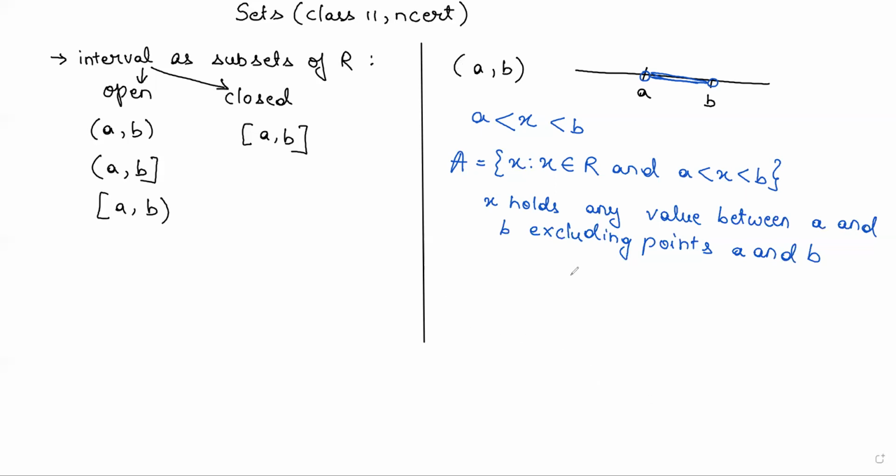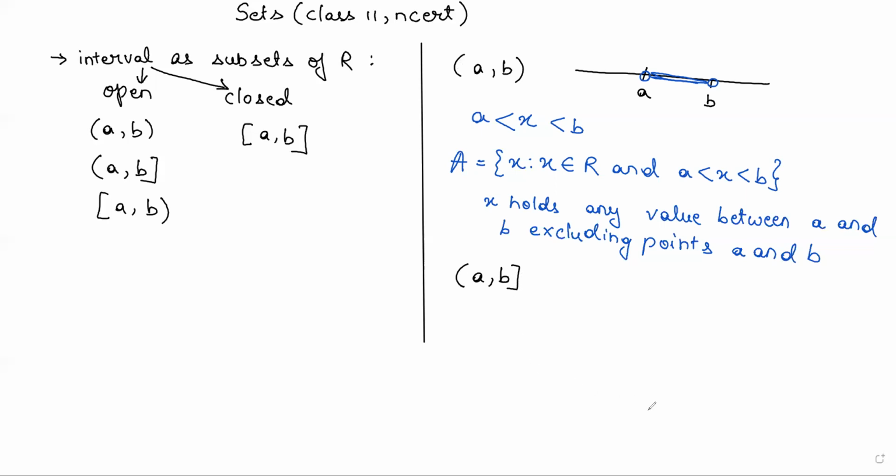The second notation is (a, b]. The round bracket near A represents A is open, but B is closed. By B is closed, we mean B is included.